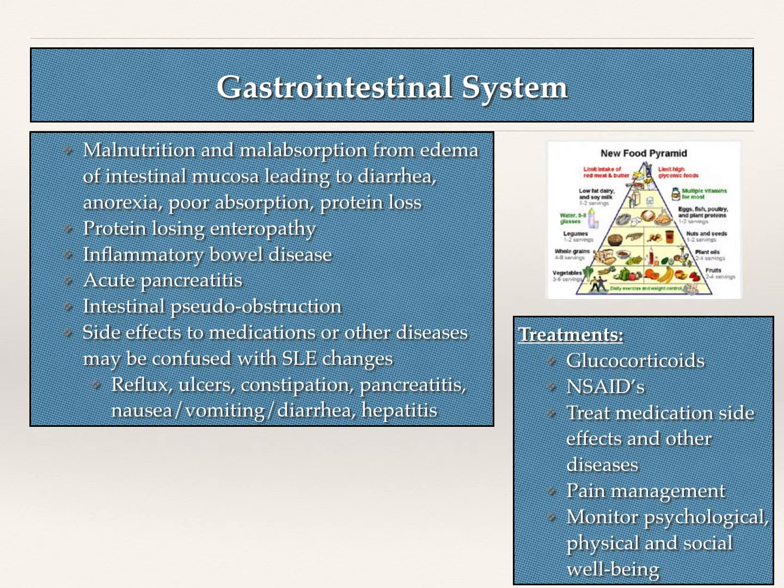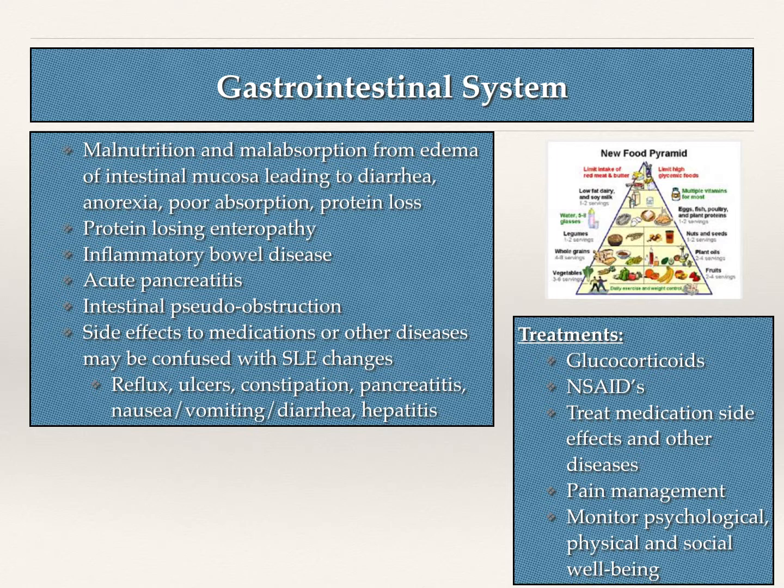The GI system is not routinely affected, and it's also hard to tell which symptoms are truly lupus changes, or if they're from other medications or other diseases, or if they're even side effects of the current medications.